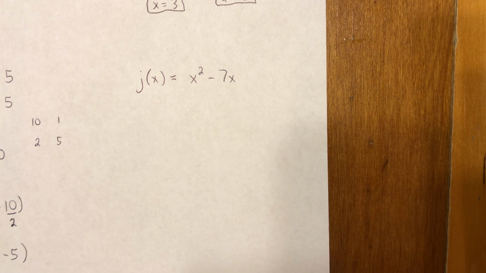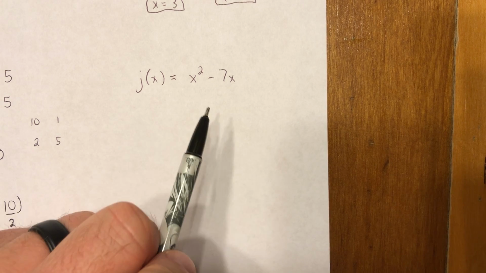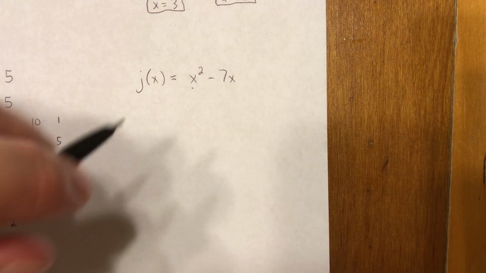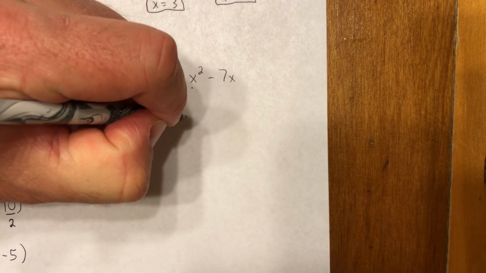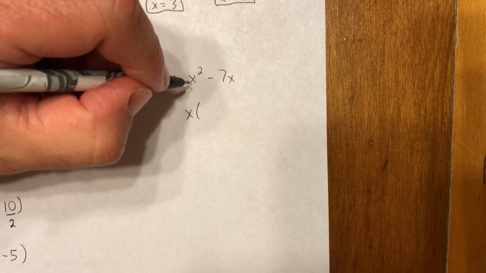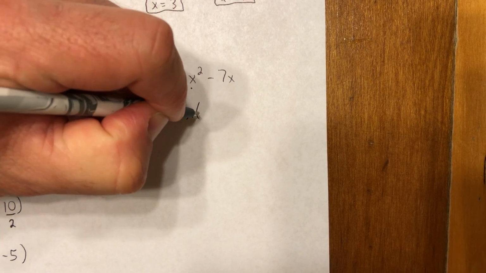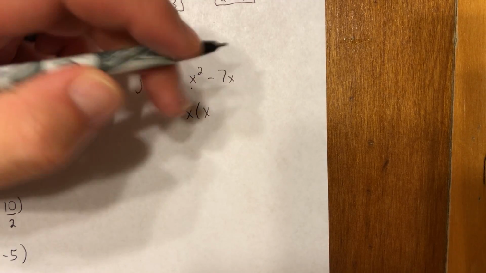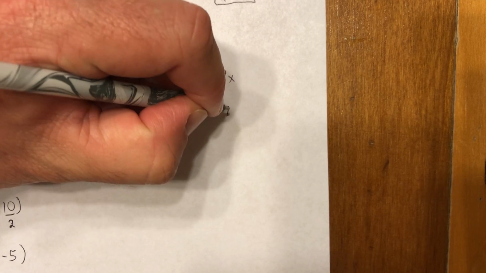We have an ax squared minus a bx, and so we want to see what to do here. So the first thing I notice is that both terms have an x value. So what I want to do is factor out the x. So I'm going to divide out an x from both. So x squared divided by x, we're left with x. And then negative 7x divided by x, we're left with negative 7.